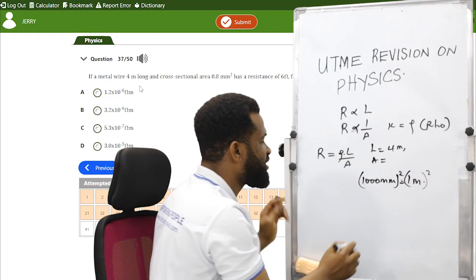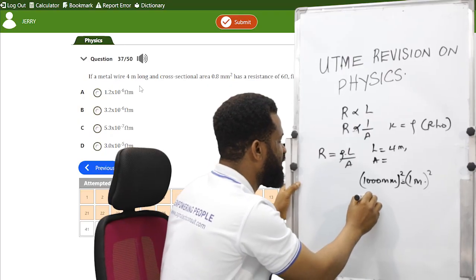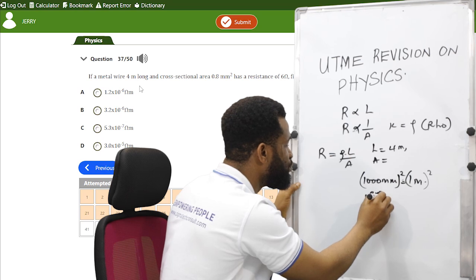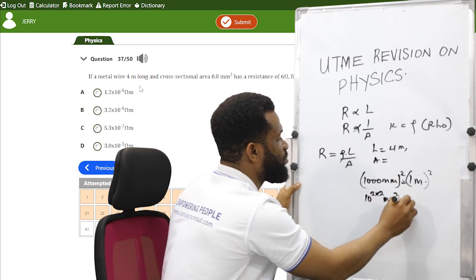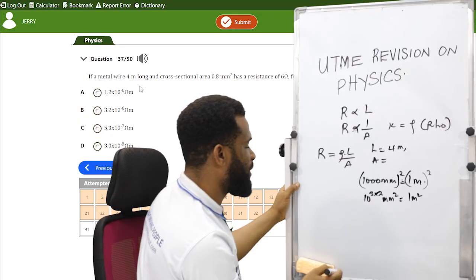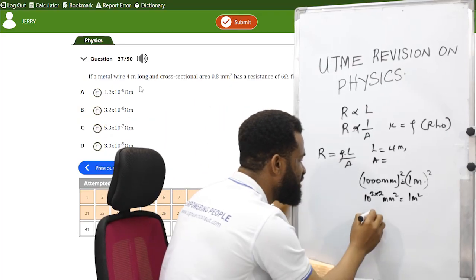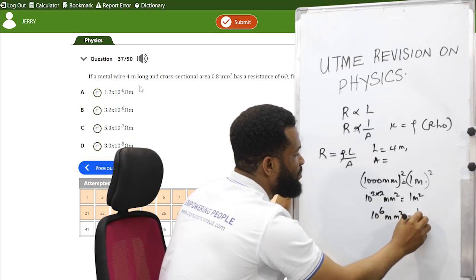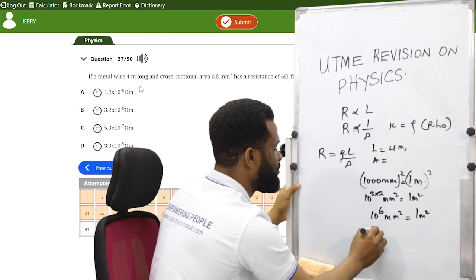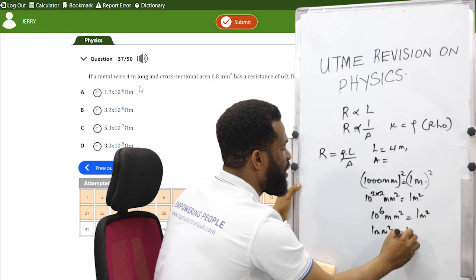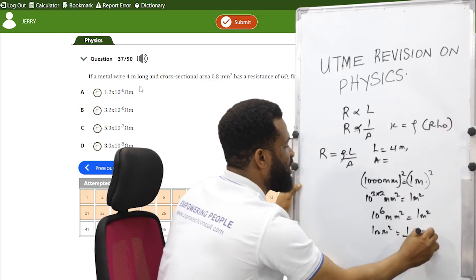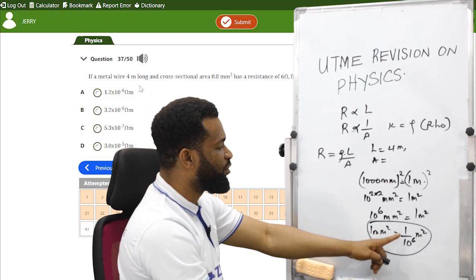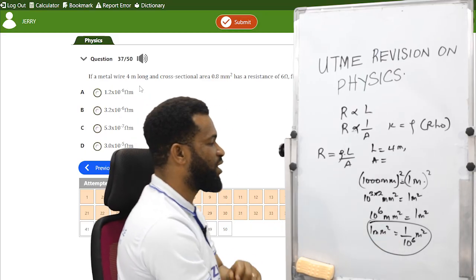When I square both sides, I have 10 raised to the power 3, all squared, millimeter square equal to 1 meter square. So that means 10 raised to the power 6 millimeter square is equal to 1 meter square. Therefore, 1 millimeter square is equal to 1 over 10 raised to the power 6 meter square, which is 1 over 1 million meter square.